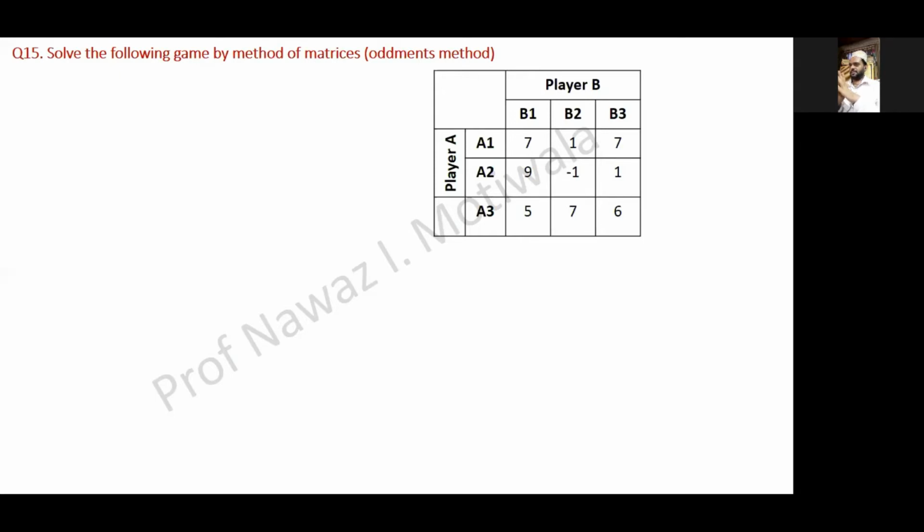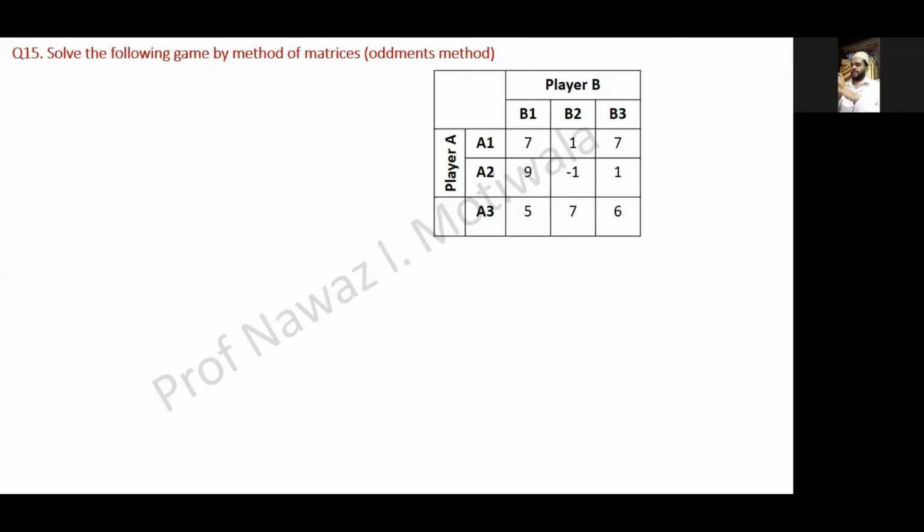Again I will repeat, please understand this because some students had asked me a doubt yesterday. Let us say the question would have been like this only: solve the following game. That's it, and nothing else is written. Nothing is mentioned about solving by Oddman's method or any other method. So the first step in any problem of game theory will be to check out the saddle point.